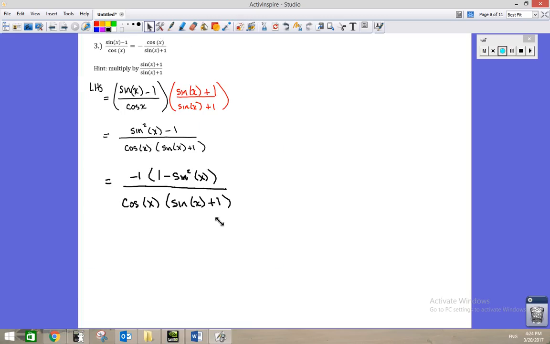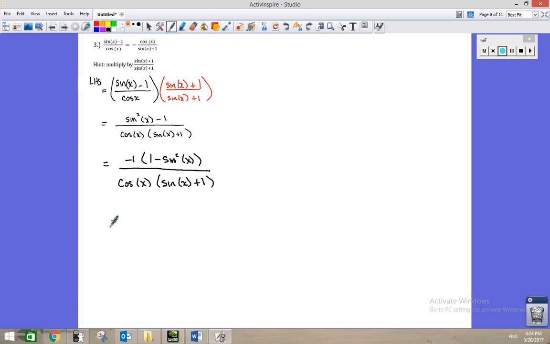And now in the numerator, the 1 minus sine squared, hey, that's cosine squared of x. And I have a factor of cosine of x in the denominator.